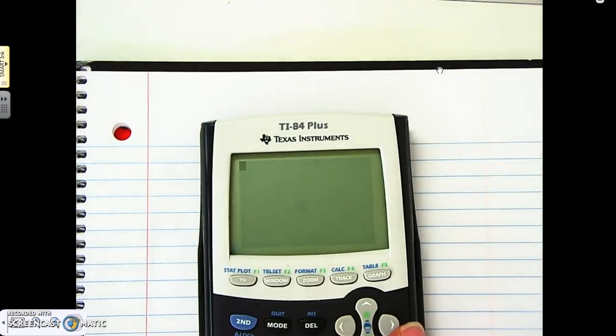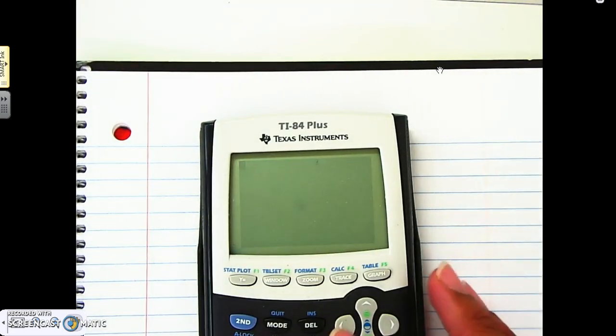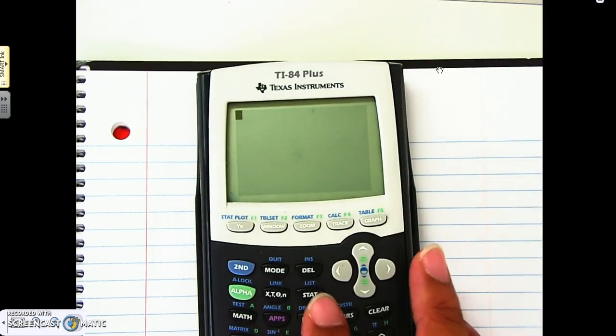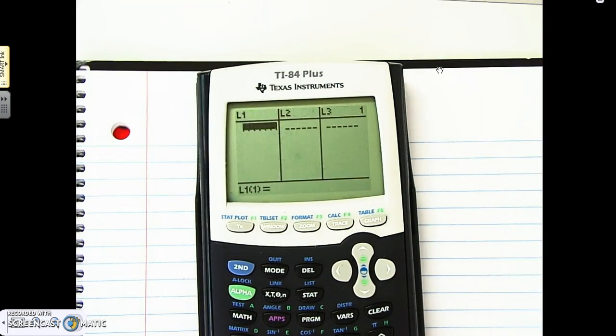We're going to come into our regression calculator and hit stat, and number 1, because remember we had that paper that talked about the keystrokes to put all that in. Hopefully you still have that, but if not, it's still on Google Classroom, so you can get those there.